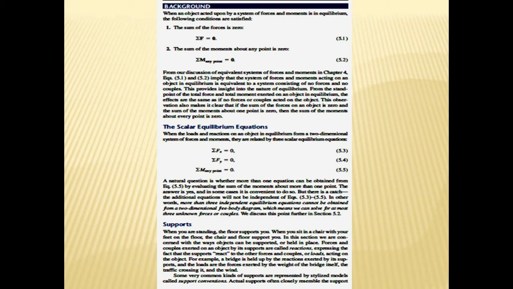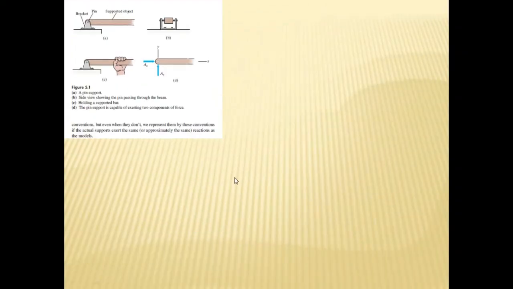Some very common kinds of supports are represented by stylized models called support conventions. Actual supports often closely resemble these. If you look at this example, what do you see?